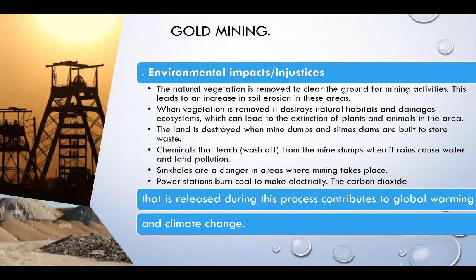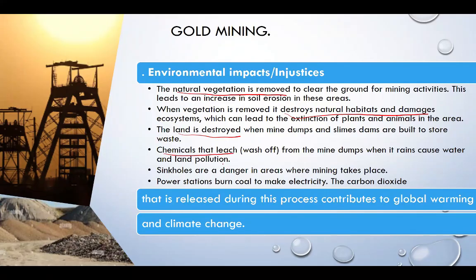Now let's look at gold mining. Gold mining is not all good. There are some negative impacts of gold mining on the environment. What are the negative impacts? It destroys the natural environment, and because of that, it destroys natural habitats, and it destroys the land.